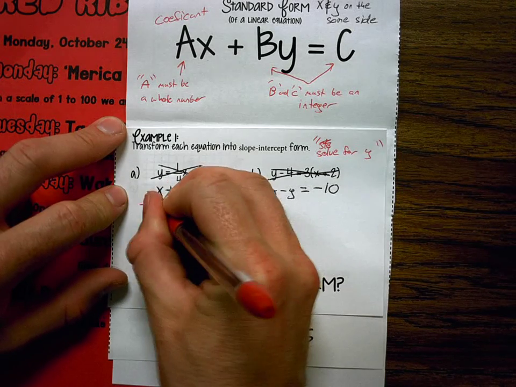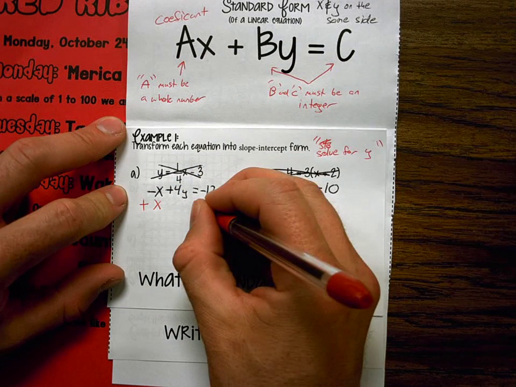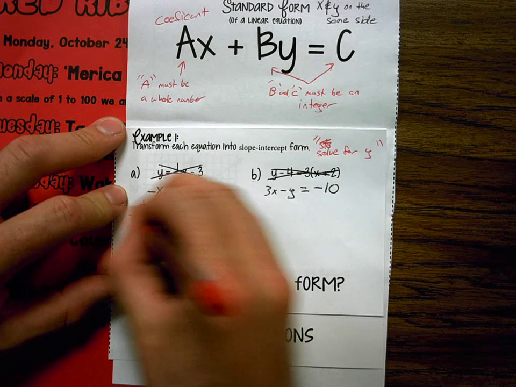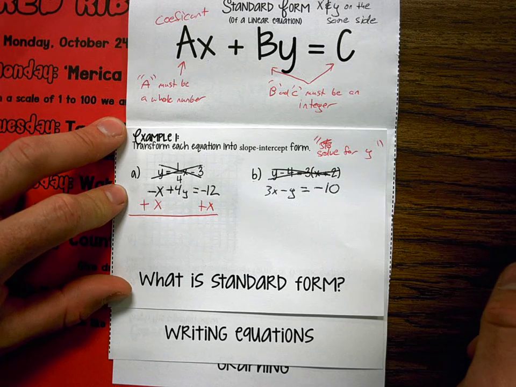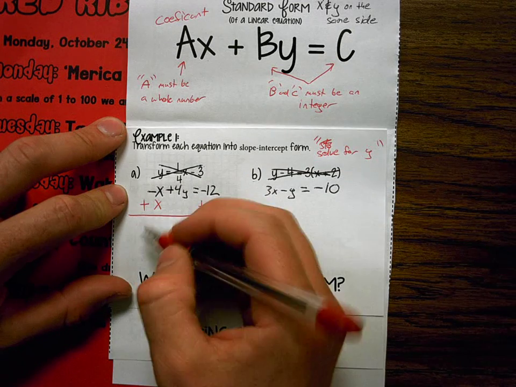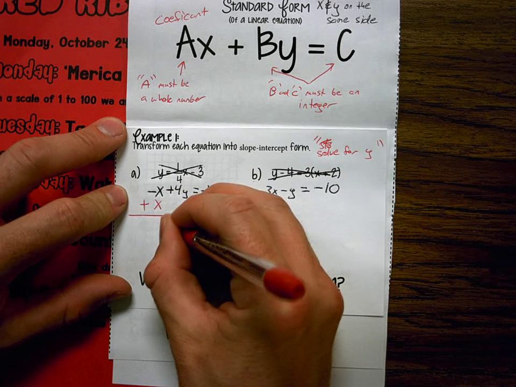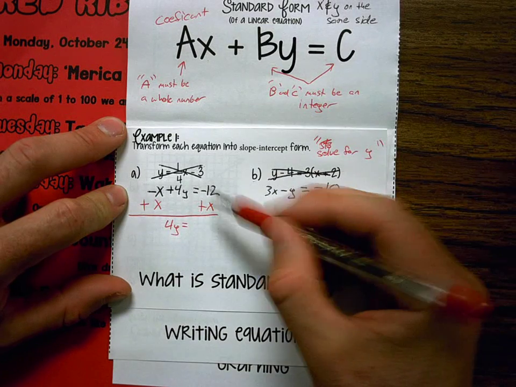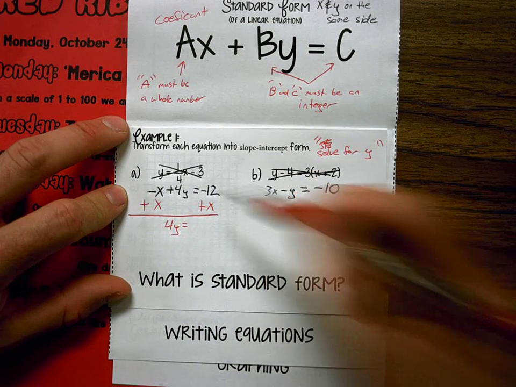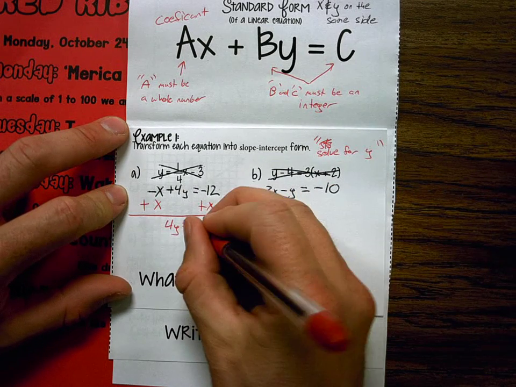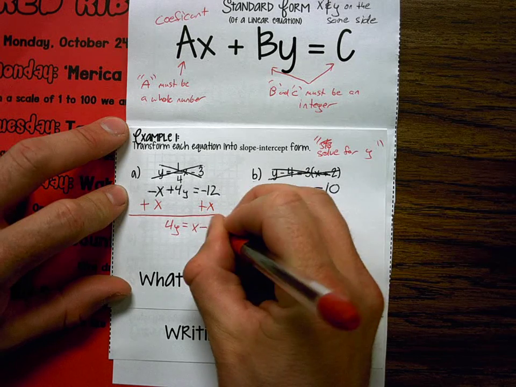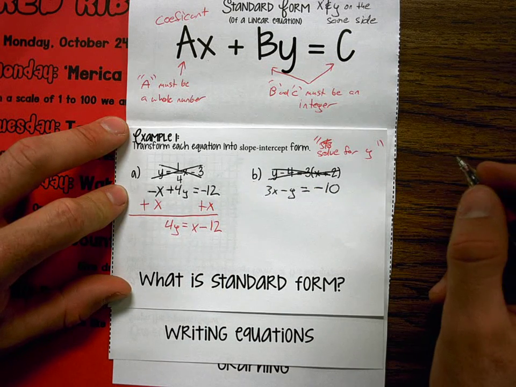It's a negative x, so I have to add x to both sides. The x's cancel. I'm left with 4y equals x and 12. These are not like terms, so I keep them separate.